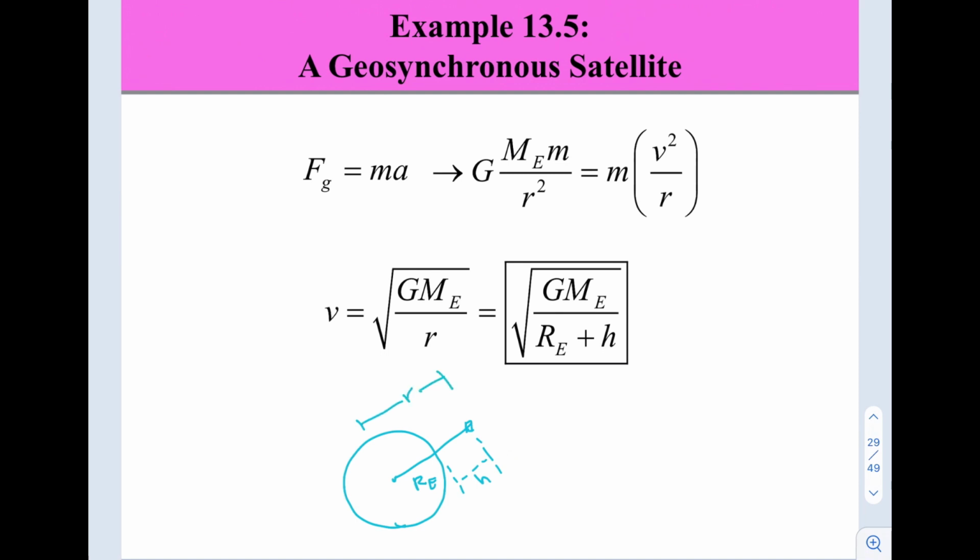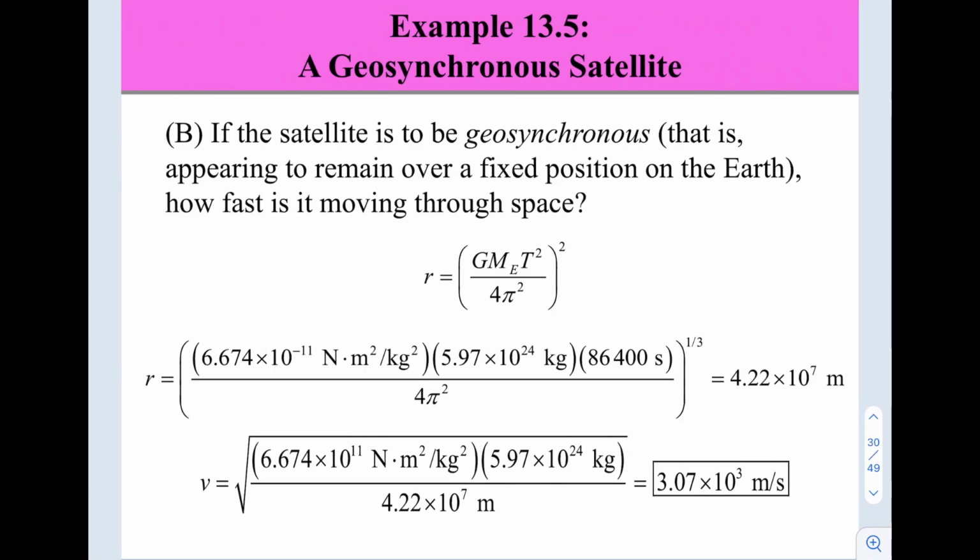Part B. If the satellite is to be geosynchronous, that is, appearing to remain over a fixed position on the Earth, as I explained just now, how fast is it moving through space? Again, we need to calculate v.